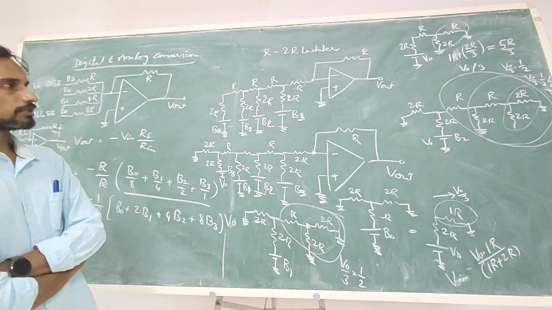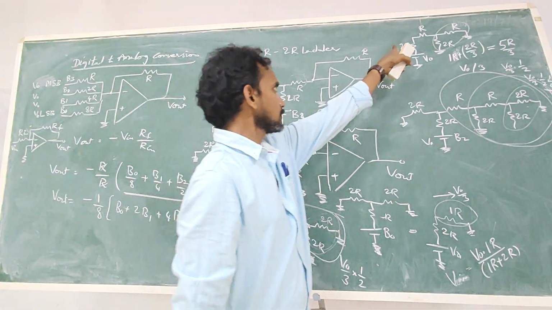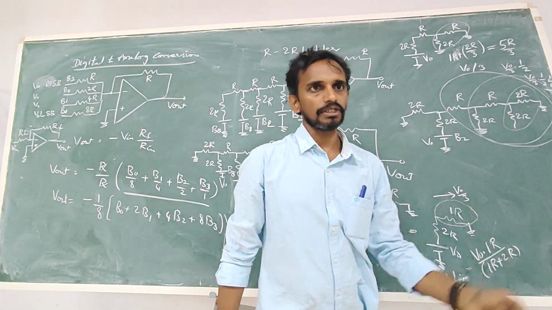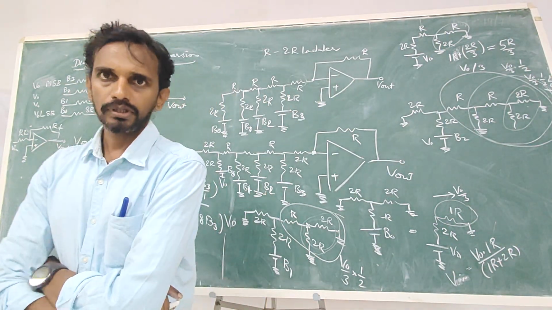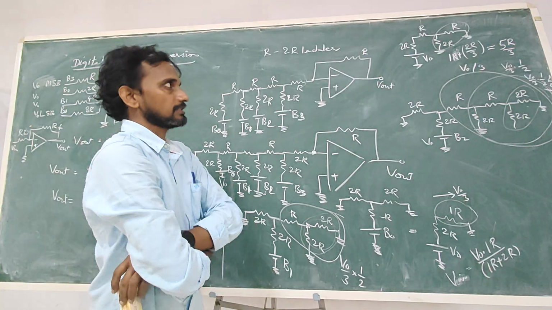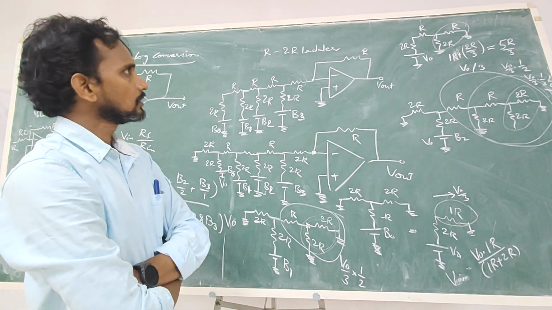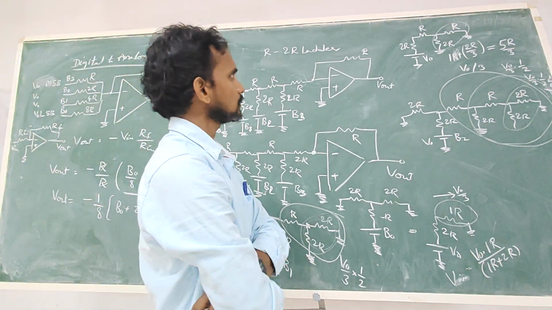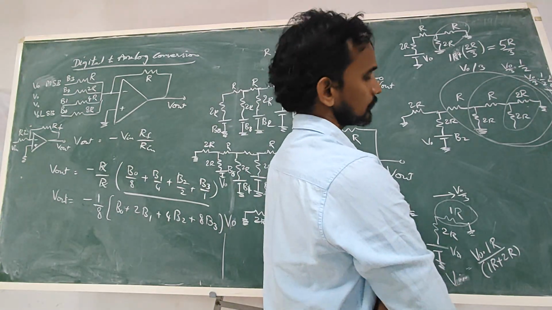So first of all we have to calculate the voltage division between 2R and 5R by 3 and ultimately reach up to the next level. So 2R can be written as what? 6R by 3.